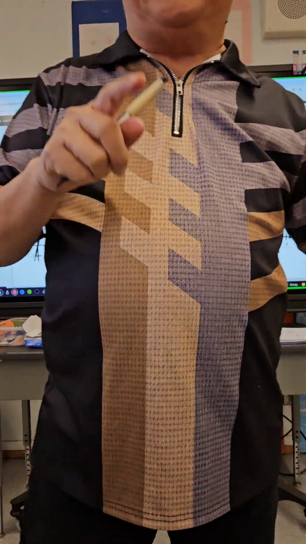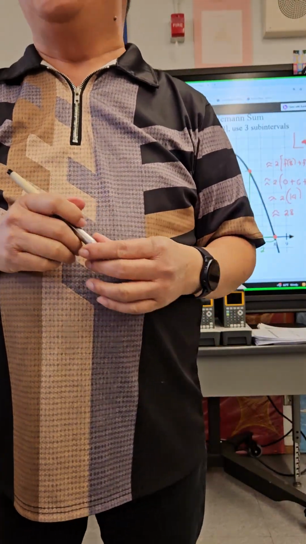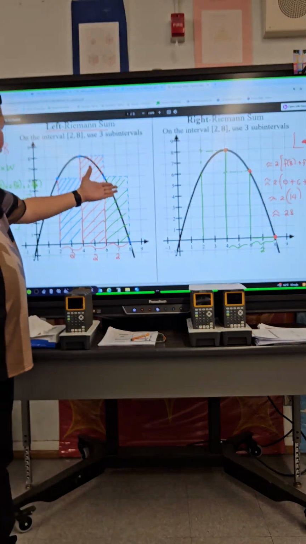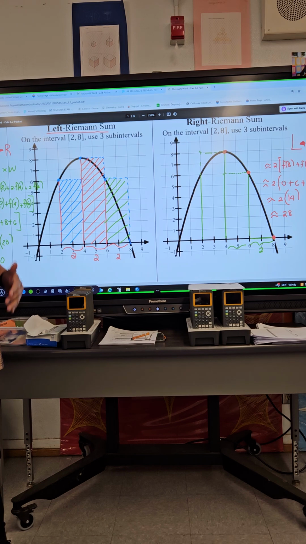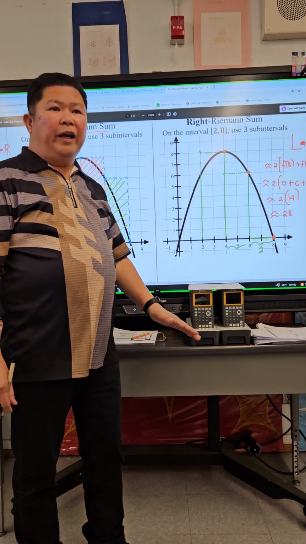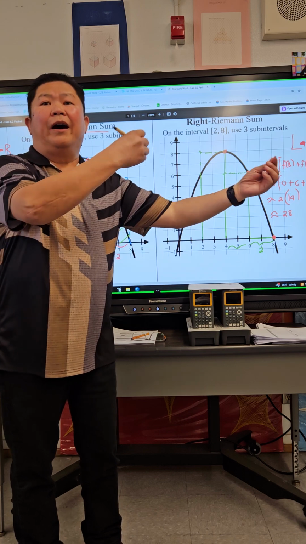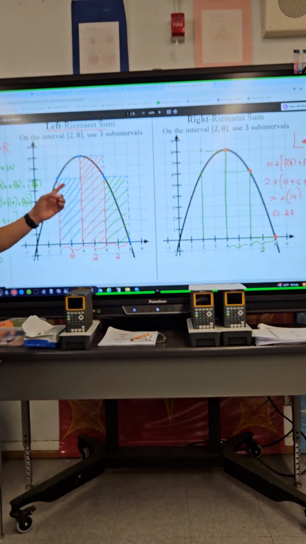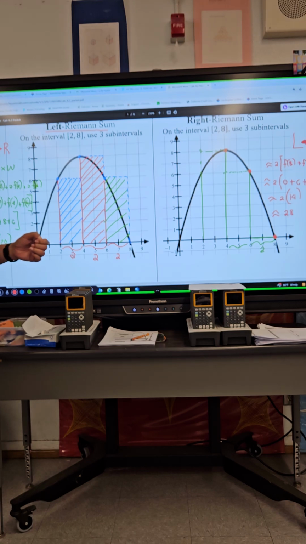But after that, we're going to interpret whether it is an overestimate or underestimate. What do you think is the estimation of this? Over or under? Over. How about this one? Under. Okay, then we will have that after we discuss the midpoint and the trapezoidal form.